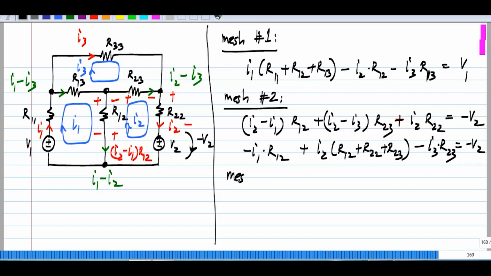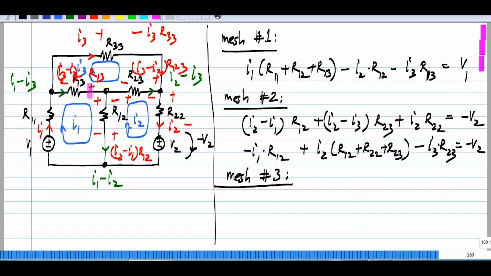And just for completeness, I will do it fully for mesh number 3 as well. Going in the clockwise direction, again we have the voltage drop this way is I3 minus I2 times R13. The voltage drop that way is I3 R33, and the voltage drop this way is I3 minus I2 times R23.